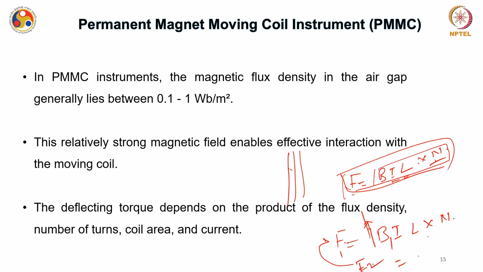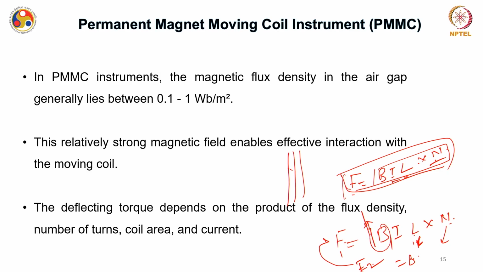What I can do basically is, this N can be decreased, and this L can also decrease. So this L and N both are decreasing, but when this B is high, it is compensating. And that's what the modern permanent magnetic materials are able to provide: very high flux density.